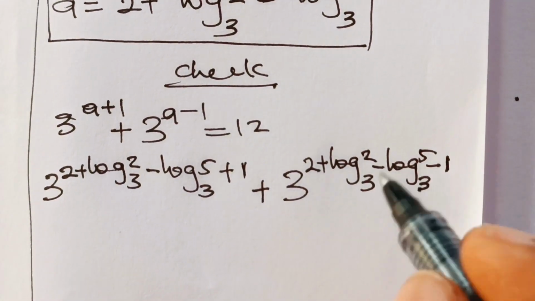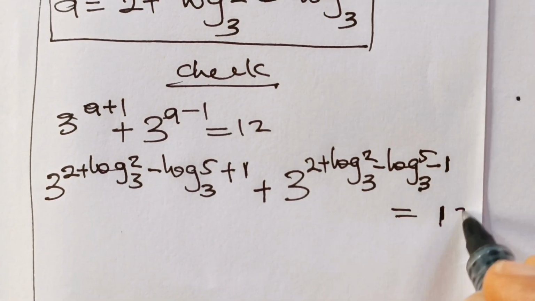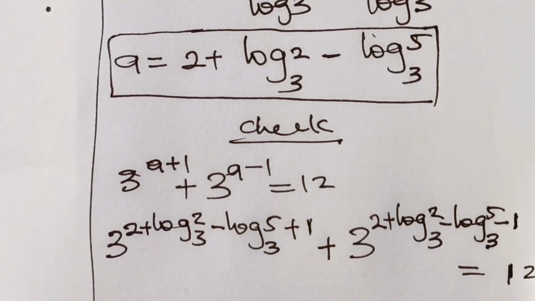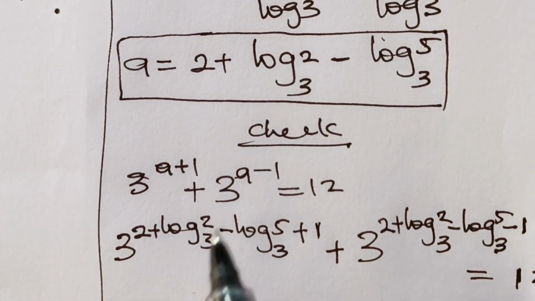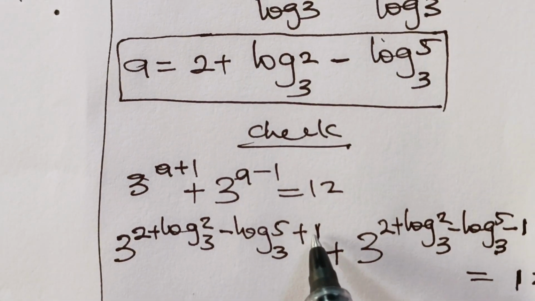All right, now everything is equal to 12, is it? Now let's continue. So we have 2 plus 1 will give us 3.